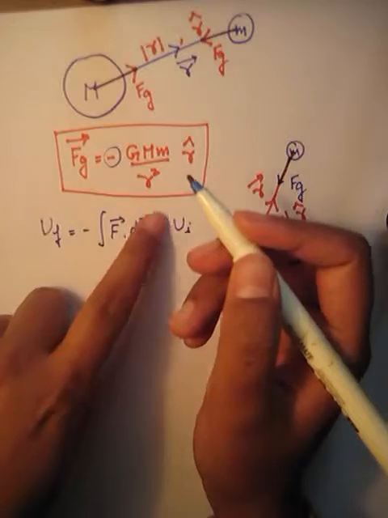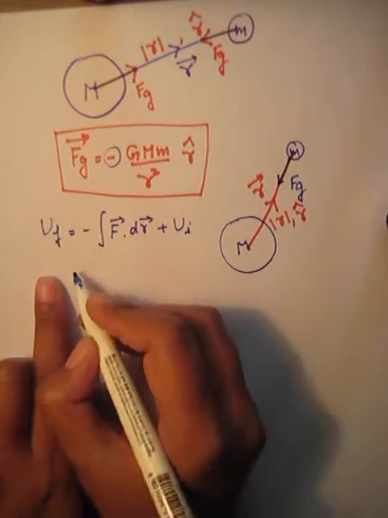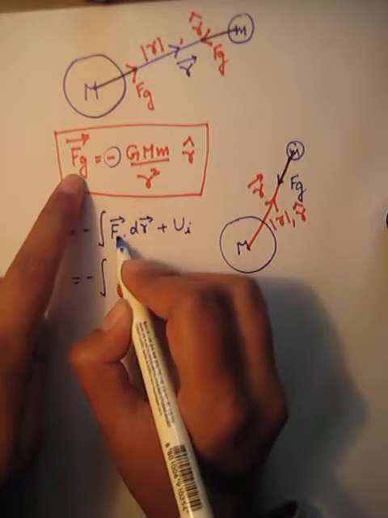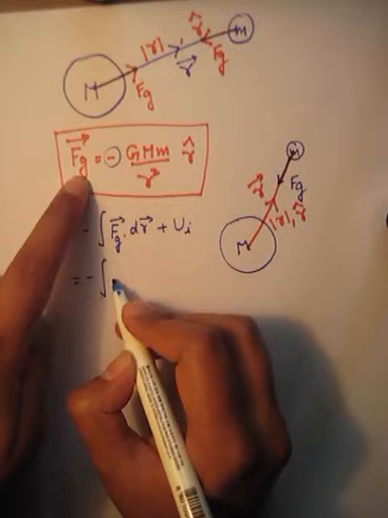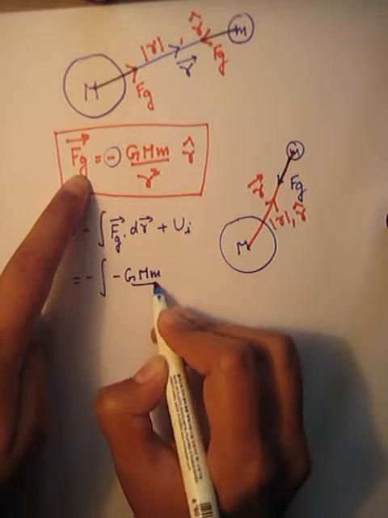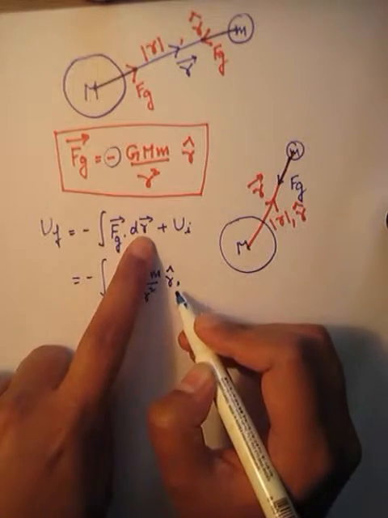Let us put this F here and find the value of this expression. Because we are using gravitational force, let's use Fg here. So it will be integral of minus G capital M small m upon r square, r unit vector dot dr vector.